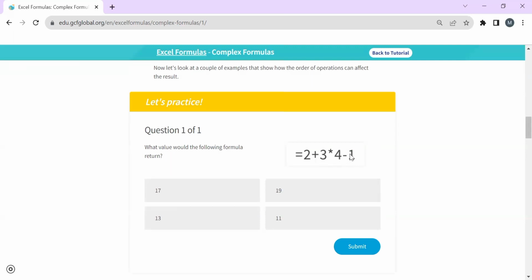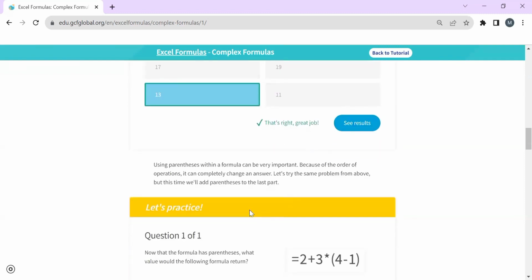Then, mas nauna yung addition kaysa sa subtraction. So, i-add natin 2 plus 12 is equal to 14 minus 1. So, ang magiging sagot natin is 13. Tingnan natin kung tama. Yan. That's right daw.